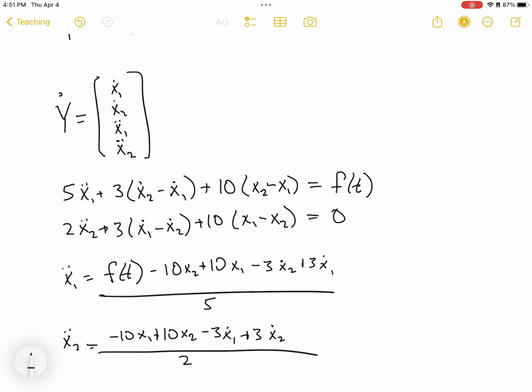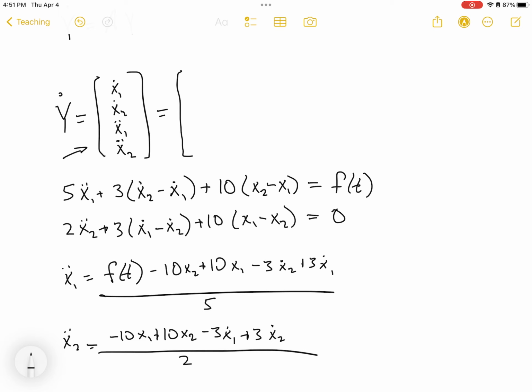And so here, y dot is equal to x1 dot, x2 dot, x1 double dot, x2 double dot. So we've just isolated the terms that are going to go in these second two entries right here.